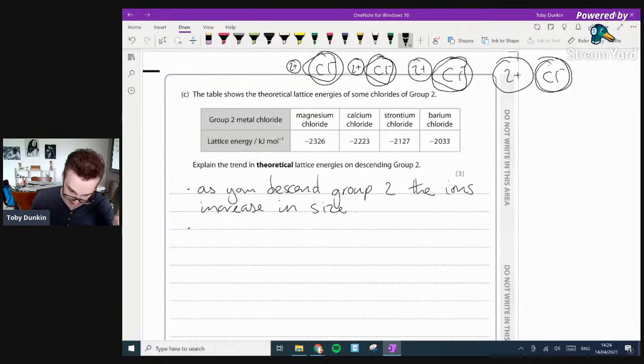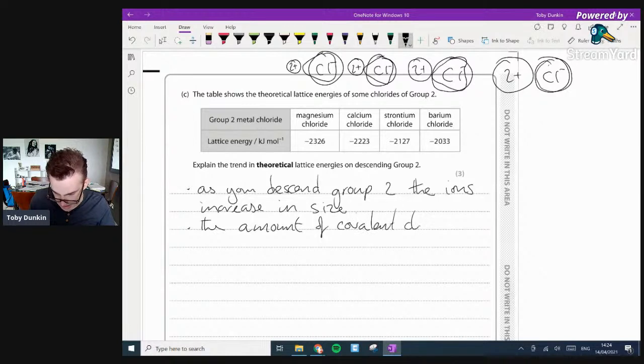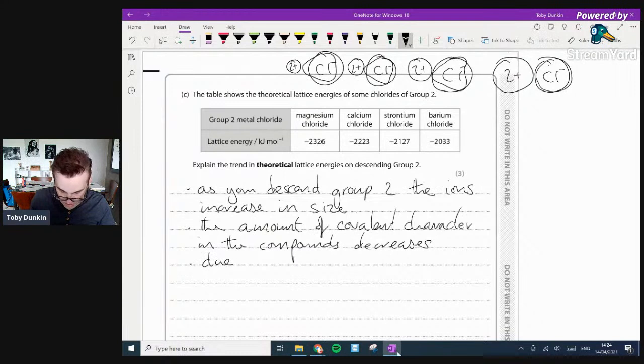So we can say that the amount of covalent character in the compounds decreases, due to the anion being less distorted.